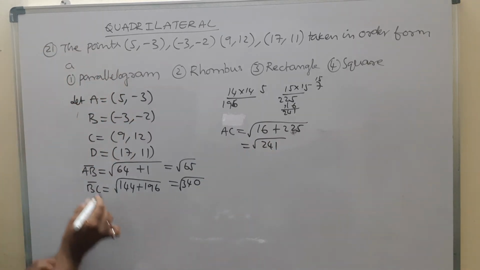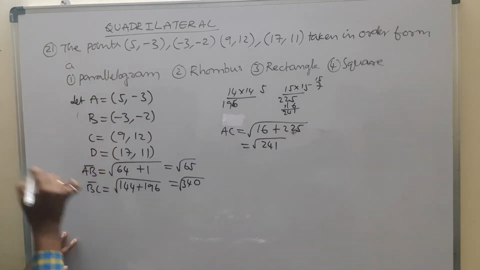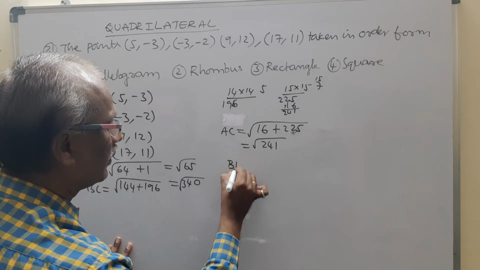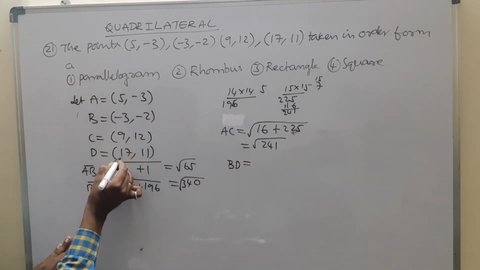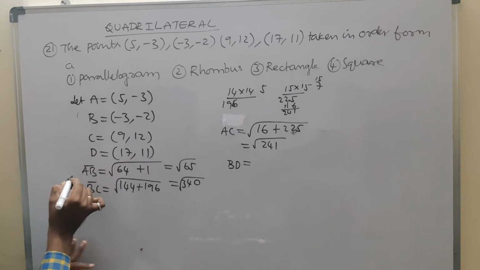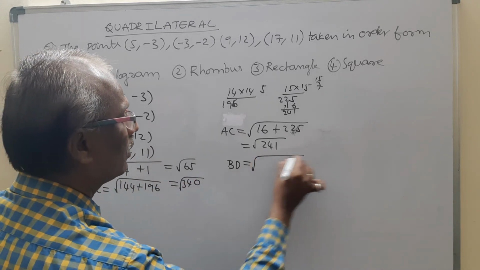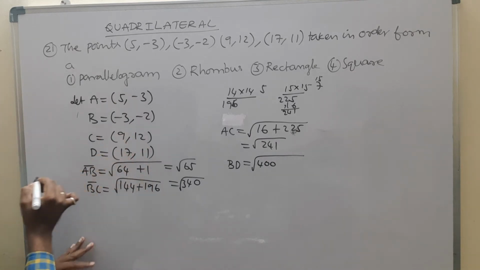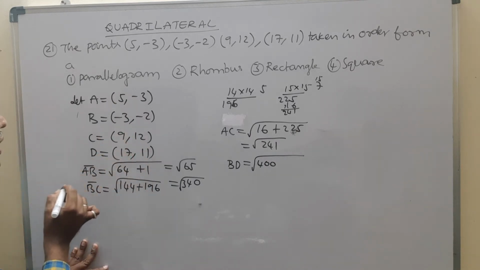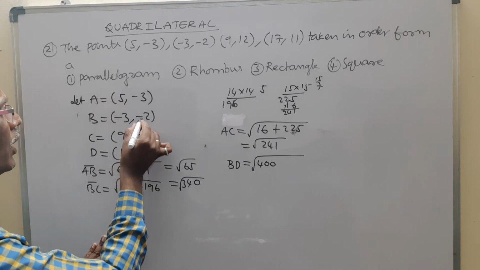Next, to find alternate vertices, BD length. Minus 3 minus 17 is minus 20, whole square 400. In a square, negative is also positive.